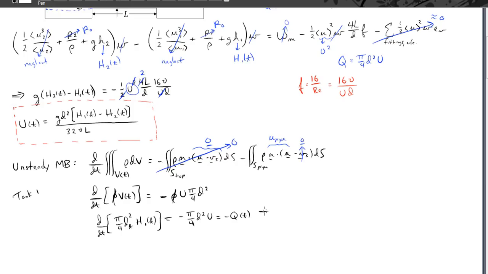So the final result for this, if we do a little bit of simplification, this pi over 4 cancels that pi over 4, and we find that dh1/dt is equal to minus d, the pipe diameter, divided by dt, the tank diameter, squared times capital U, the mean flow rate or mean velocity through the pipe. And there's actually a minus sign out in front that we have over here. So we'll highlight this expression.